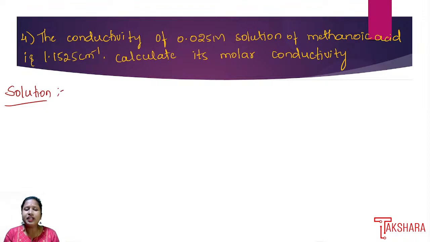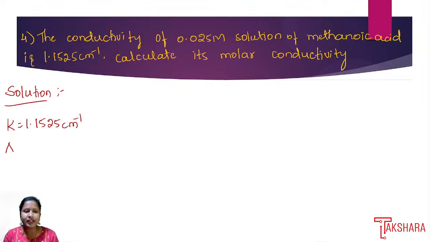The conductivity of 0.025 molarity solution of methanoic acid is given, that is K is equals to 1.1525 per centimeter. And they are asking to calculate its molar conductivity.